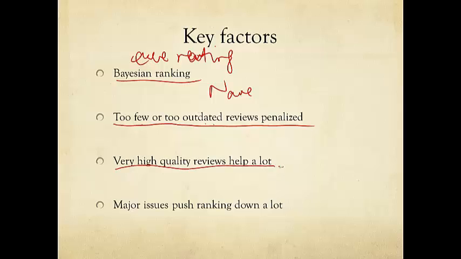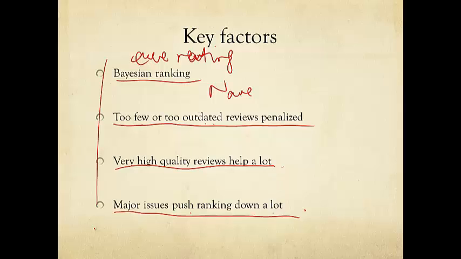It helps a lot to have very high quality reviews. A lot of people rating the review as very high quality, or high reputation reviewers reviewing the product, helps a lot. And if there are major issues, a rating of 1 with a consistent pattern of evidence backing up that rating will push the ranking down a lot.